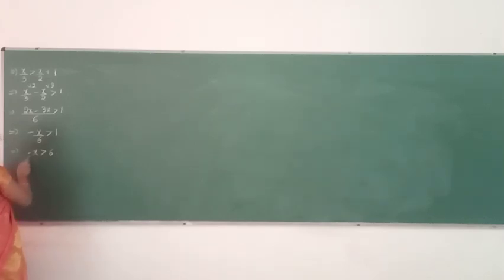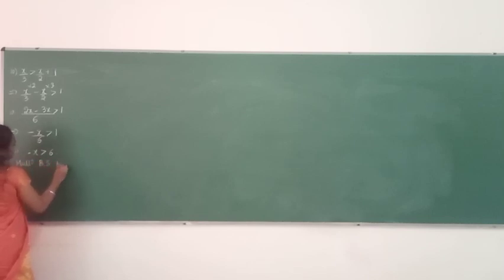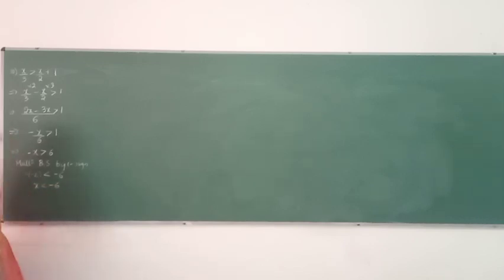So take 6 to the RHS, so it will be minus x is greater than 6. As we have a negative variable, that is minus x, we need to get the x variable value, so multiply both sides by a negative sign. Minus of minus x is greater than, the inequality sign will change here, it will become less than minus 6, which is nothing but x is less than minus 6.